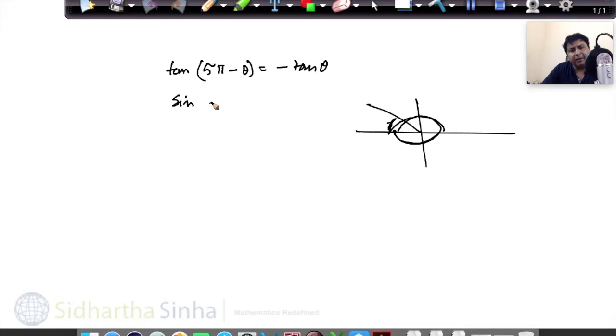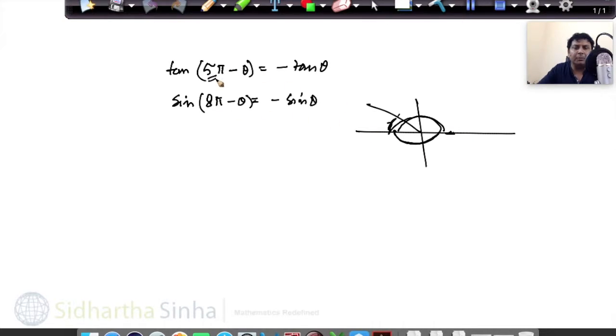If I say find the value of sine of something like 8 pi minus theta, it will be minus sine theta. You know why? Because at 8 pi you are standing again at 2 pi, 4 pi, and so on. You move 360 degrees all the time. Any even number multiplied by pi, you are standing on the positive part of the x-axis.